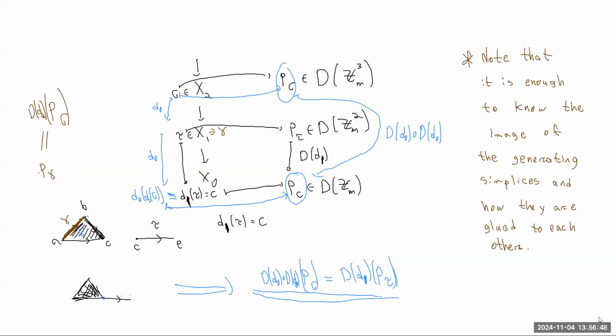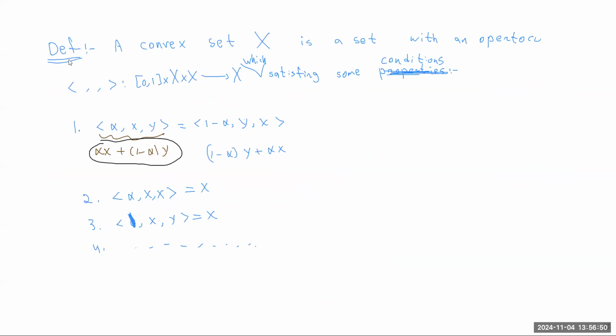So this D is the distribution. First of all, it is a functor from the category of sets to the category of sets. But this is more than a functor, actually.